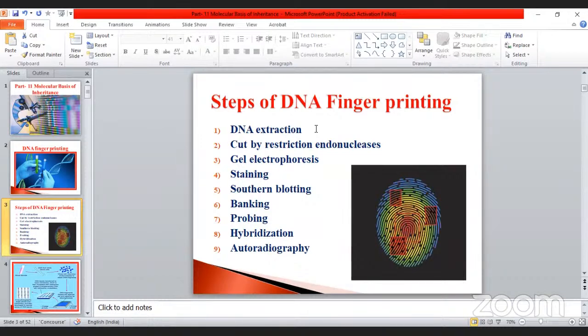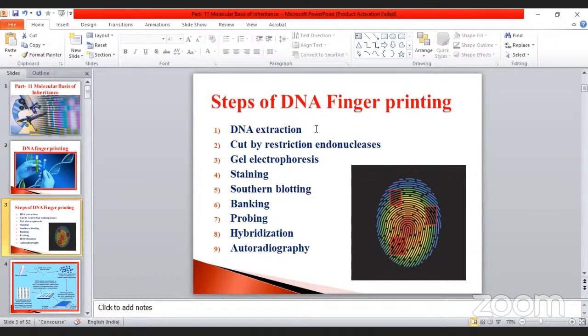How will you do it? We can use a molecular scissor, called restriction endonuclease enzyme. So first is collection of sample, second is DNA extraction, third is cutting by the restriction endonucleases.